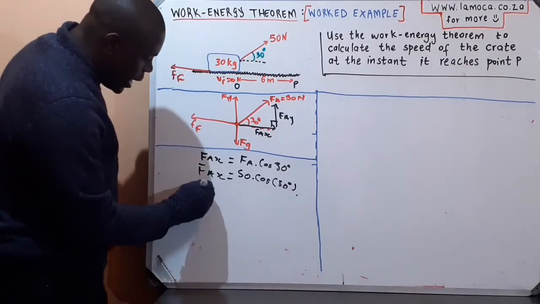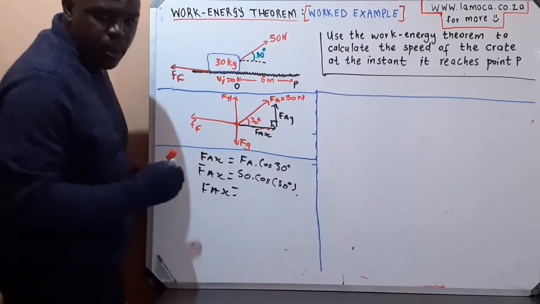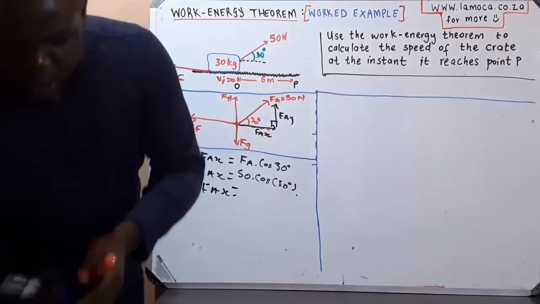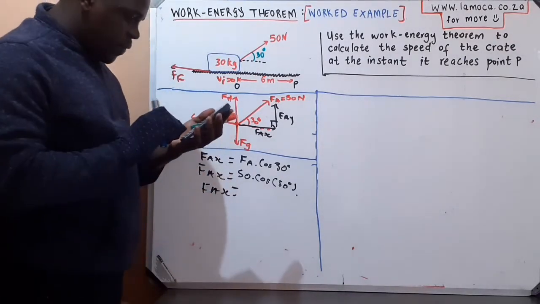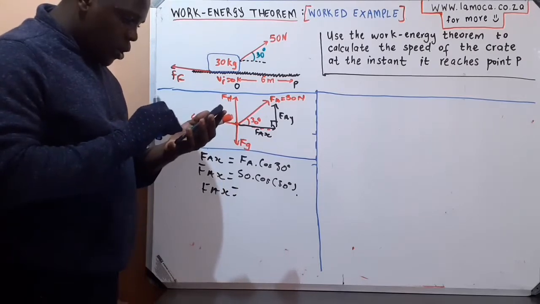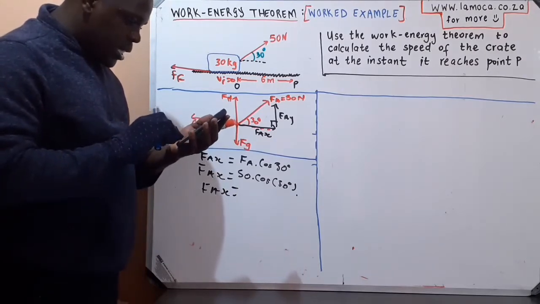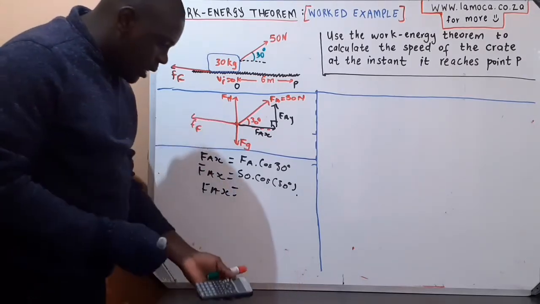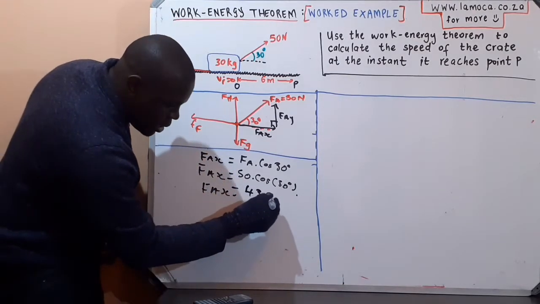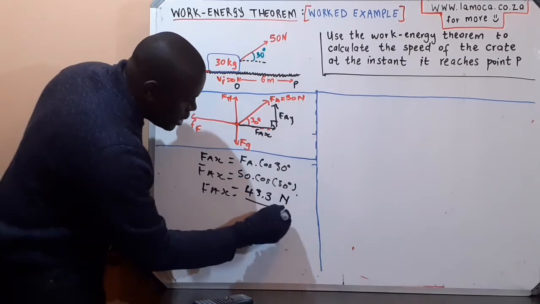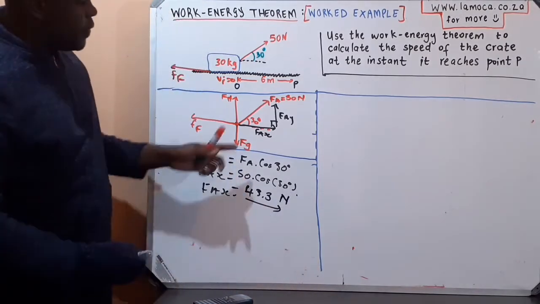Using your calculator, how much do we get? We get 43.3 newtons. So this is the horizontal component of the applied force on the X.